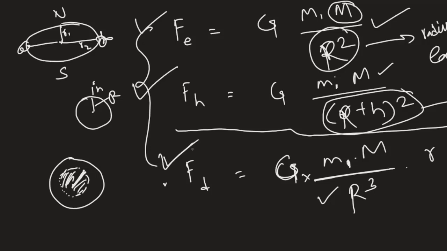So this formula is a little bit different from the other formulas, and also we have to multiply this by the small r. Small r is basically the distance between the particle and the center of the Earth.